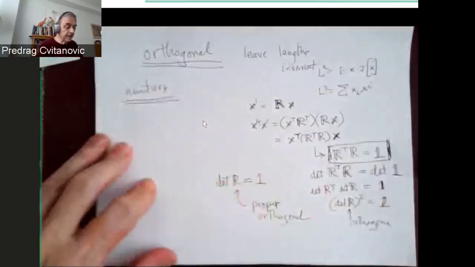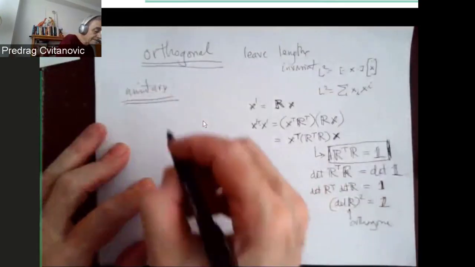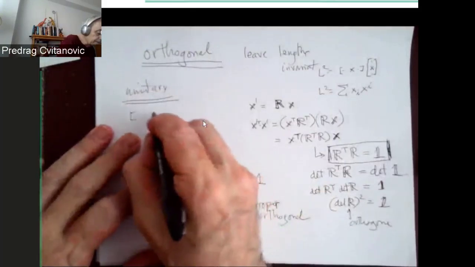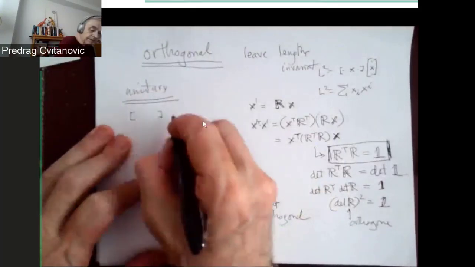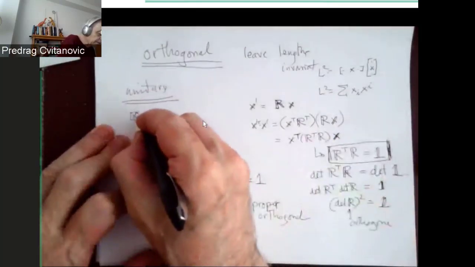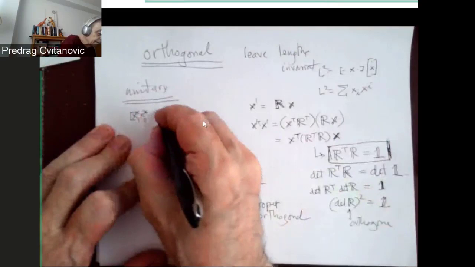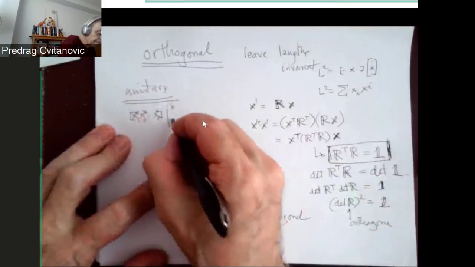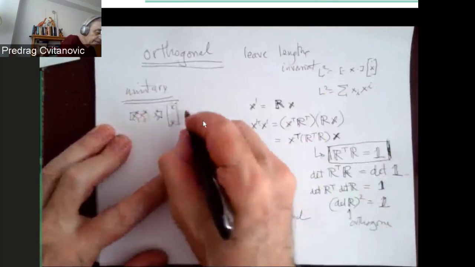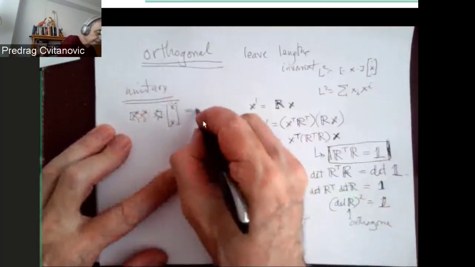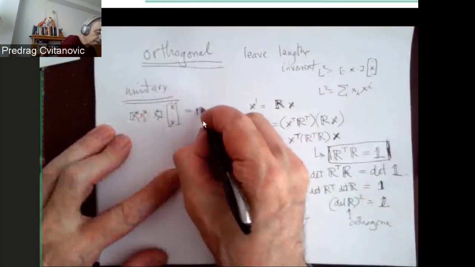Unitary. Same story, but now we have a Hermitian transpose, where we take the whole vector and take the complex conjugate of each component. We multiply with the original thing. And we find R squared.